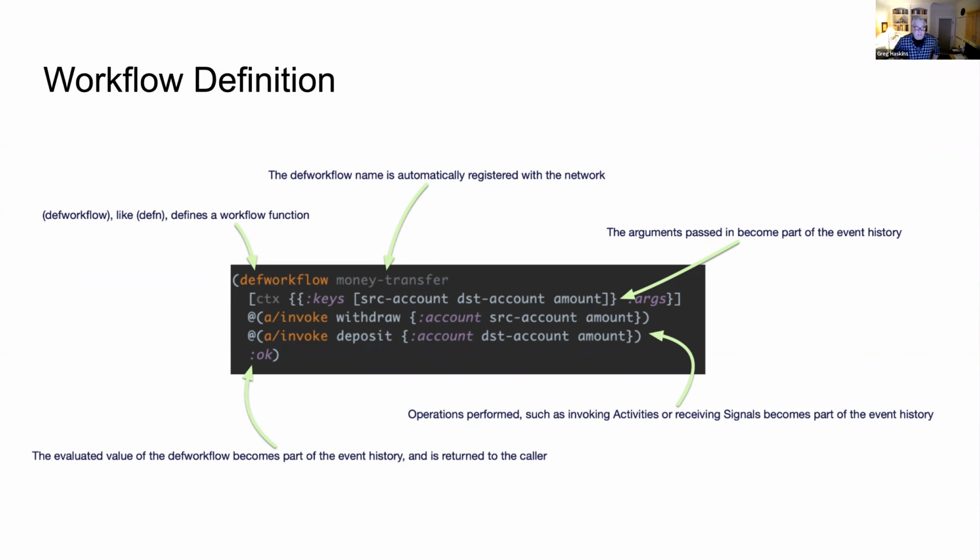But a few things that are happening here is that under the covers, when you declare a def workflow, I'm automagically registering that with Temporal for you, right? So in some of the SDKs where you don't have the magic of Lisp, you see this generally in two pieces, one registering the function and then another part that explicitly registers the function. I do that for you magically in the SDK by default.